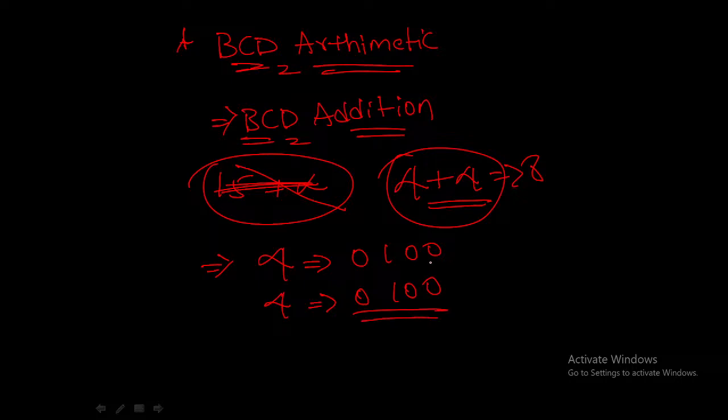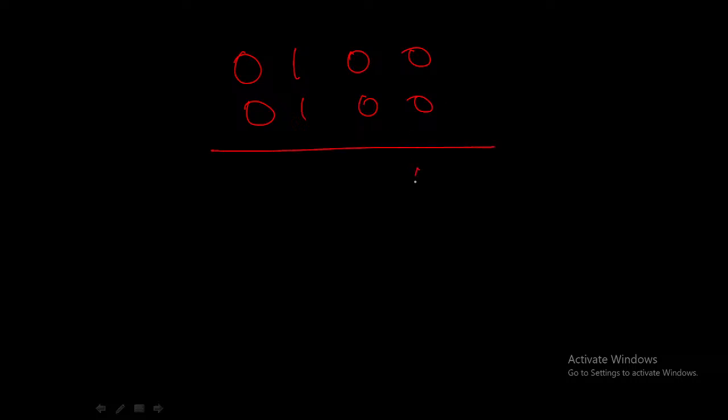So this is the BCD representation of these two decimal numbers. We have 0 1 0 0 and 0 1 0 0, and we add them to get 1 0 0 0. So what is our final answer? It is equal to 8.